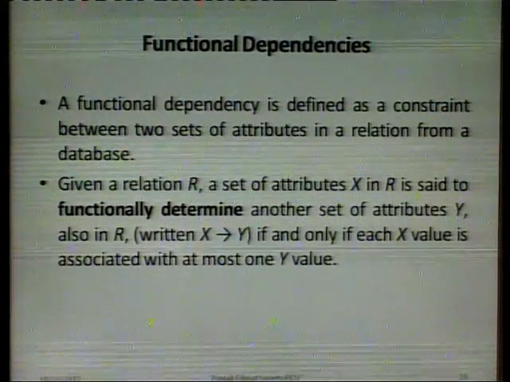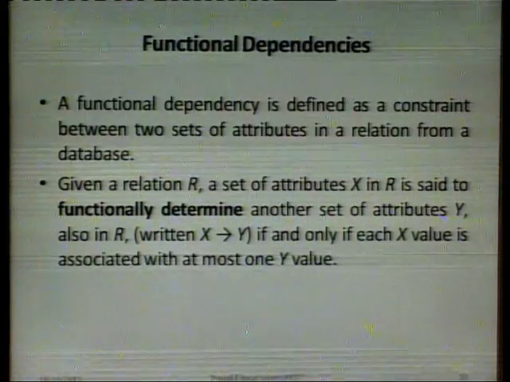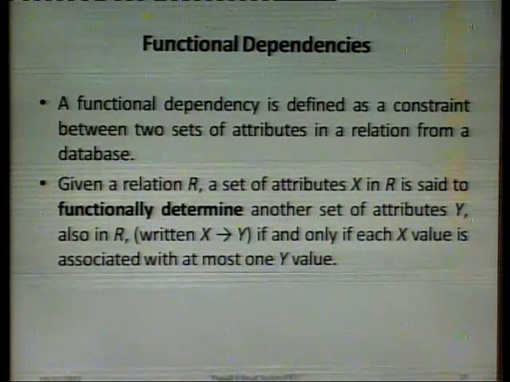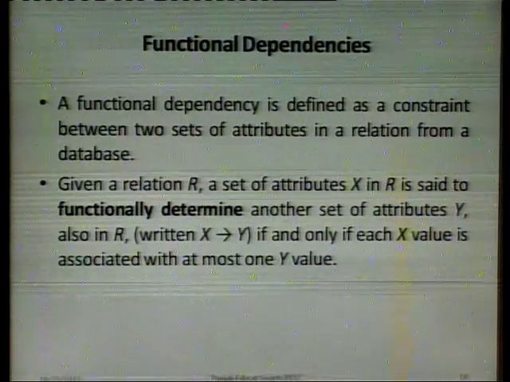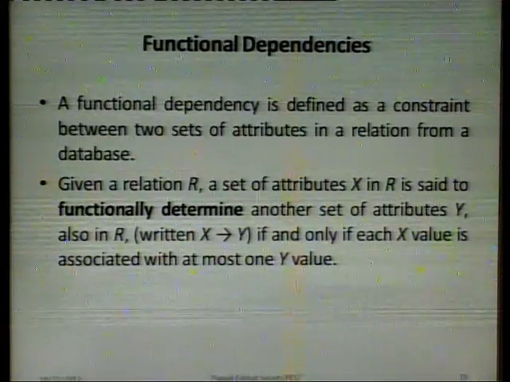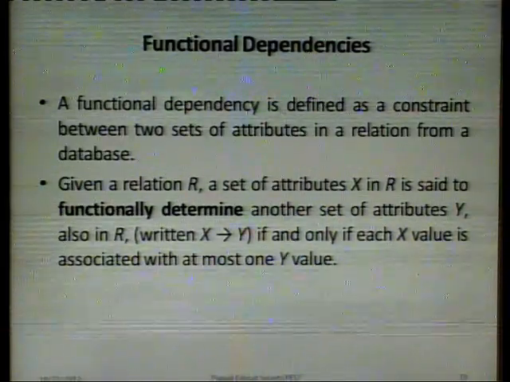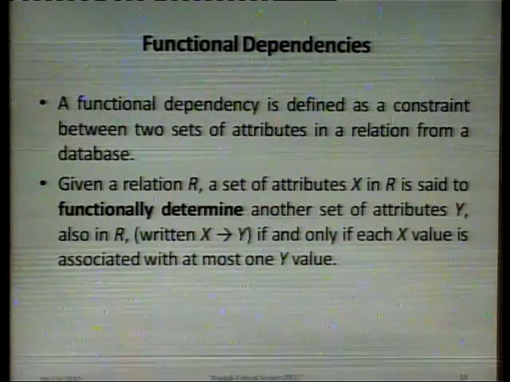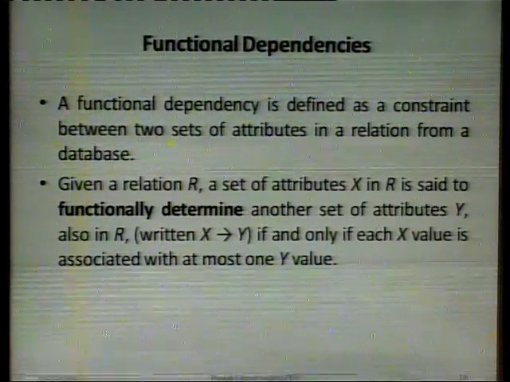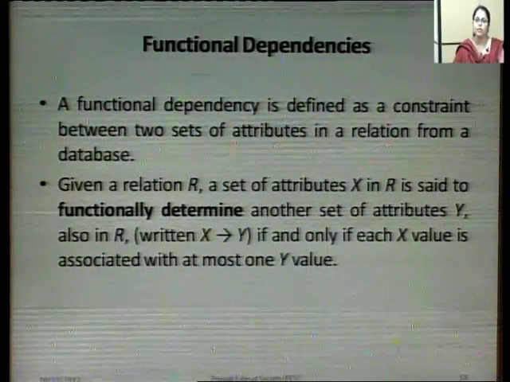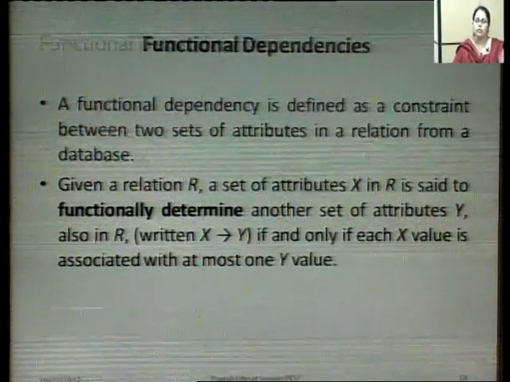Given a relation R, a set of attributes X in R is said to functionally determine another set of attributes Y, also in R, if and only if each X value is associated with at most one Y value, and it is denoted as X arrow Y. That means X is functionally determining the value of Y, or you can say Y is functionally dependent on X.